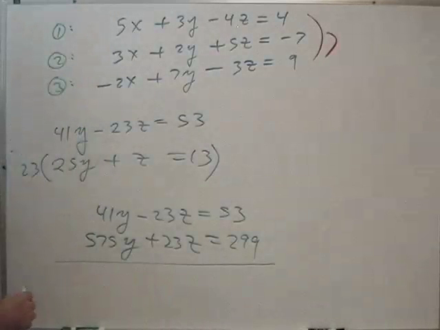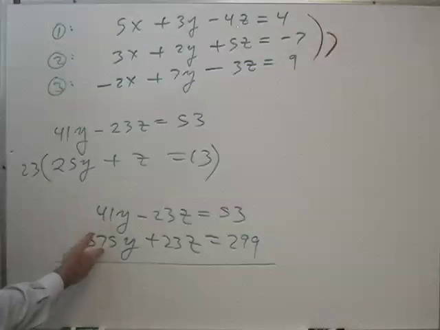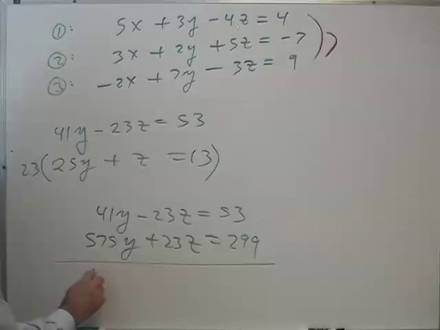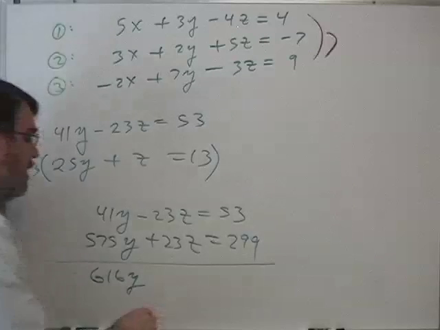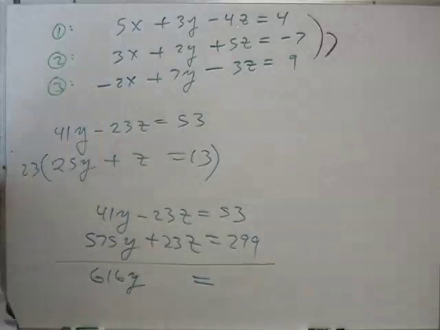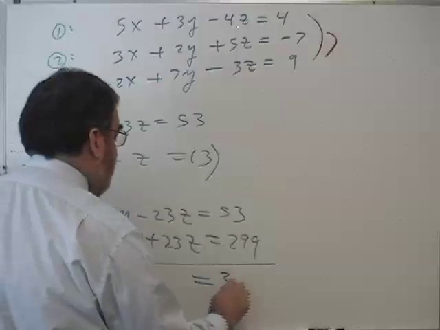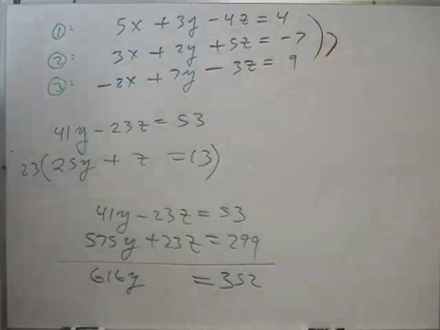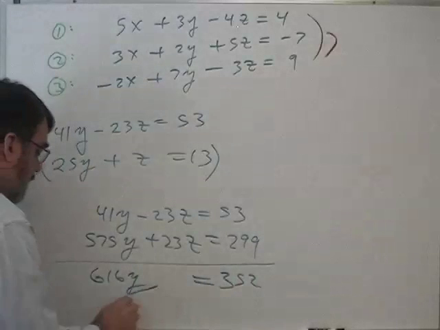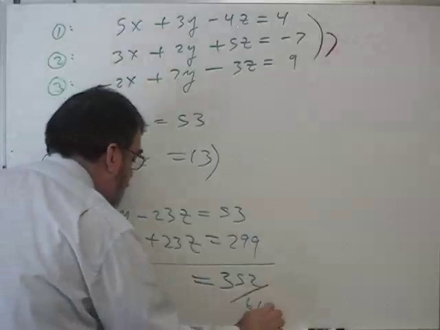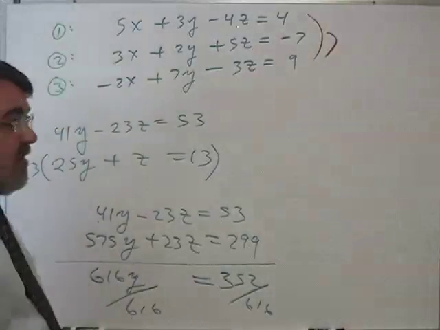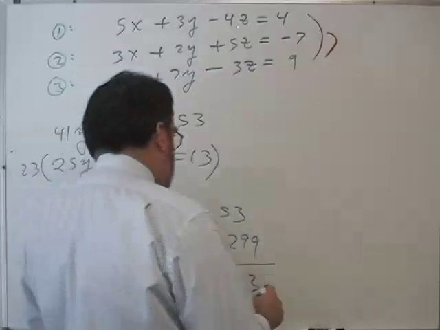Going to add these equations together. So 41 plus 575 is 616y. Okay, I just want to make sure I'm doing well. 53 and 299 is going to be 352. So y will be that number over 616. So we get kind of ugly here.